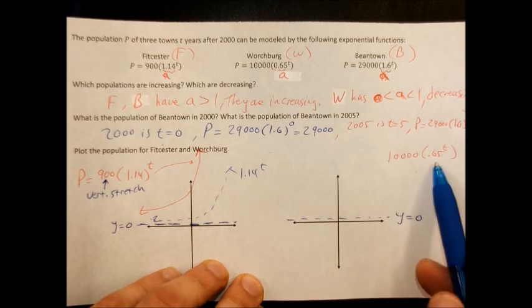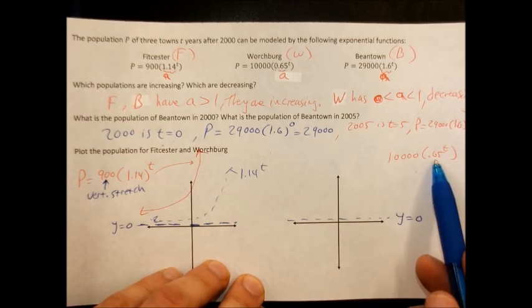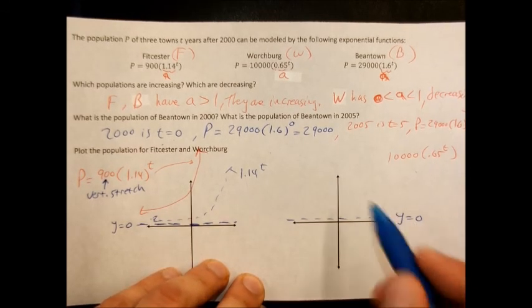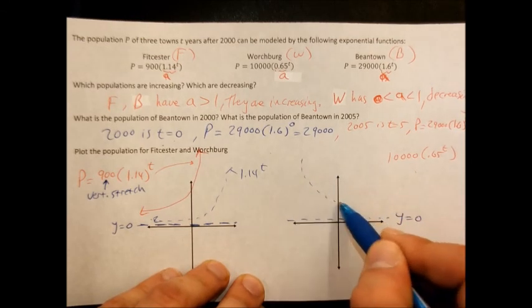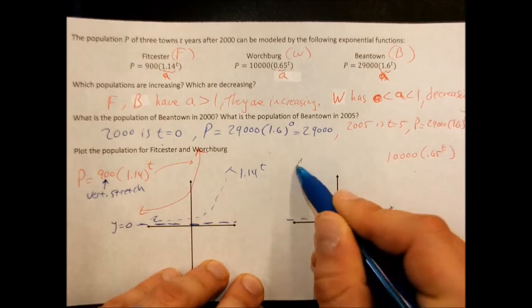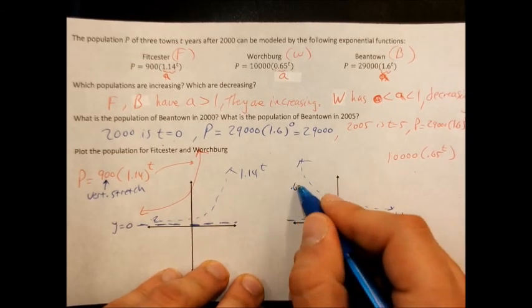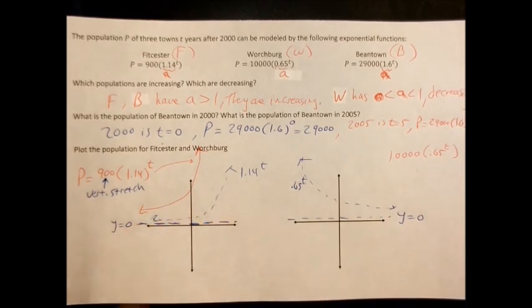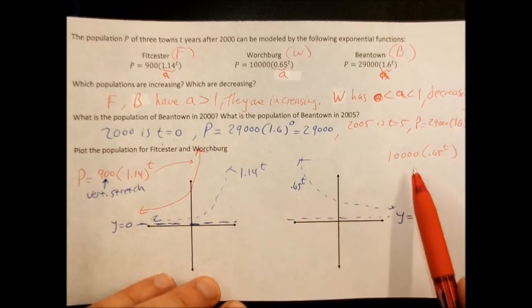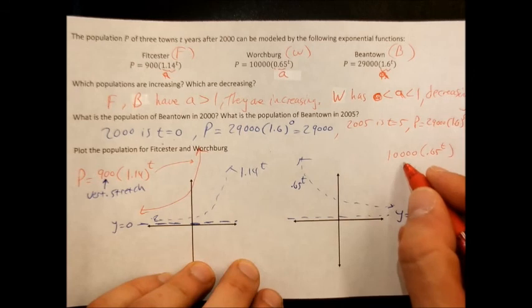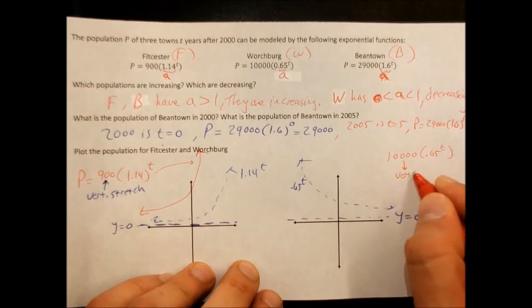We're stretching out 0.65 to the t. And so 0.65 to the t, let's say that looked something like this. This is our old function. That might be 0.65 to the t. And so what we're doing is we're taking that same exact function and multiplying it by 1,000. And so that's going to be, again, a vertical stretch.